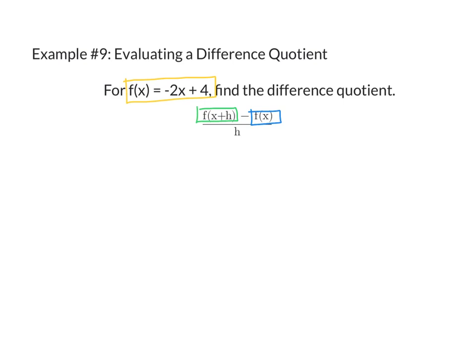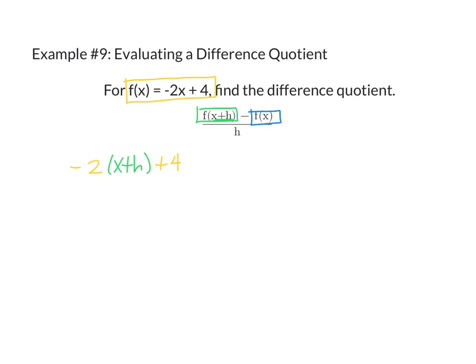Every place in this golden box function, every place that I see an x, I'm now going to replace with an x plus h. So as I begin to write my function, I have negative 2 times x plus h, and then plus 4. I have completed that function with its new input.